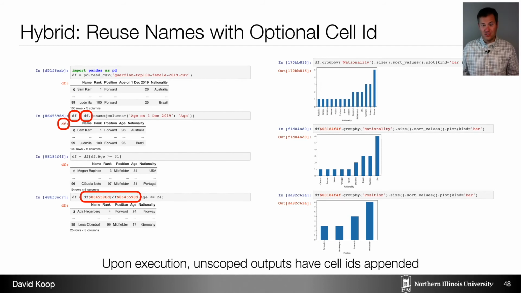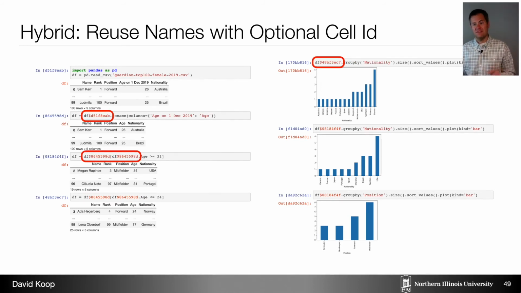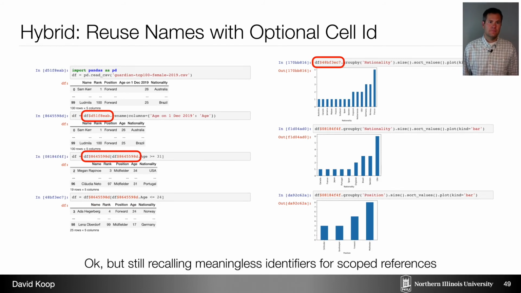So upon execution, those unscoped outputs actually have the cell IDs appended, right? So to make sure that things will run again, we make sure we know which version of df was referred to in each one of the cells. That's okay, but we're still having to find or recall meaningless identifiers for these scoped references.